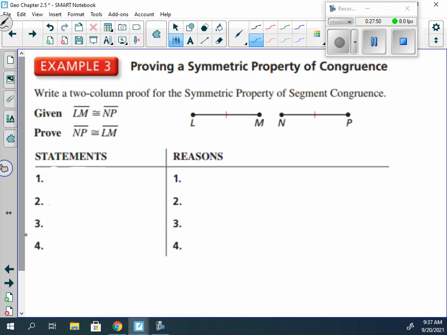So when we look at this sphere, write a two-column proof for the symmetric property of segment congruency. Given LM is congruent to NP. Well, that's what we would start out with, and it's our given. What are we wanting to prove?